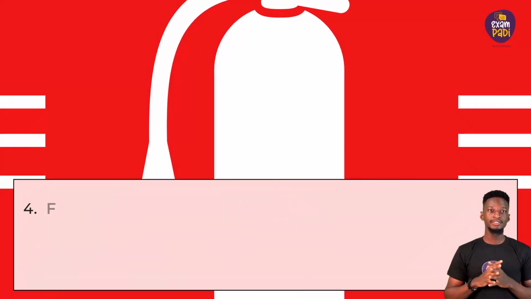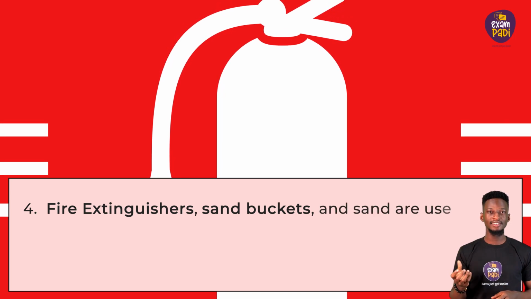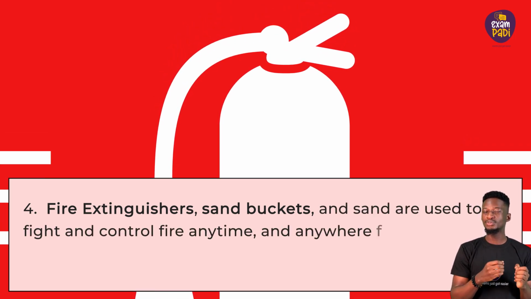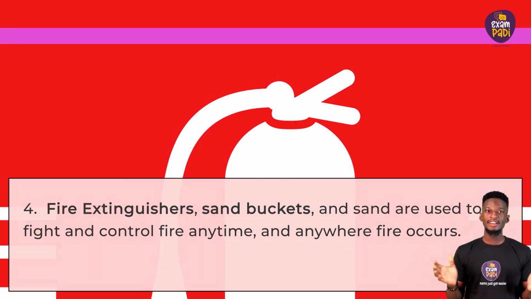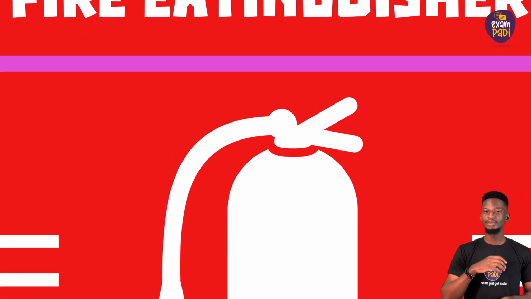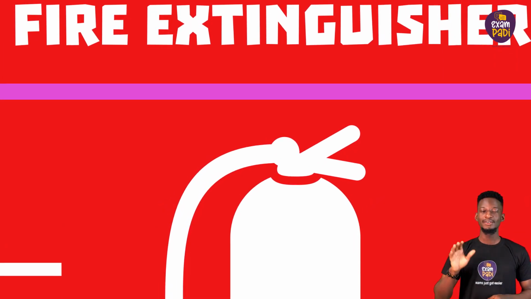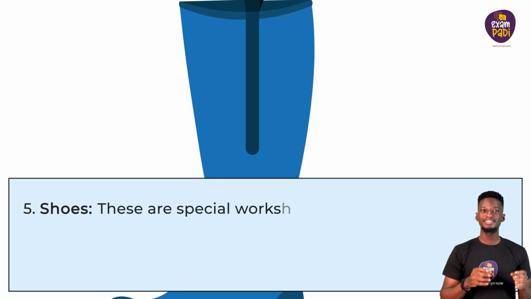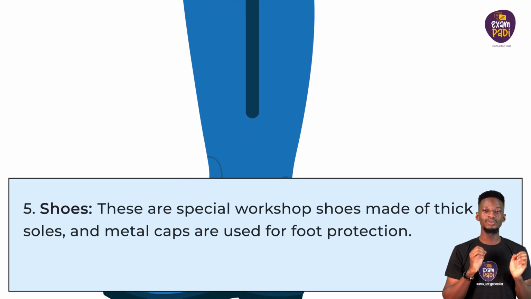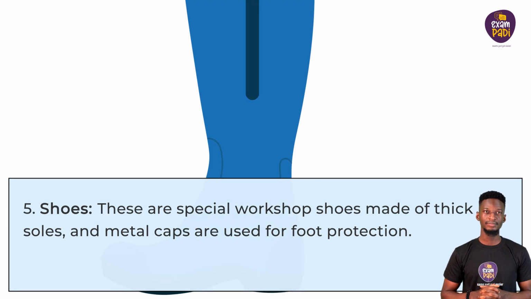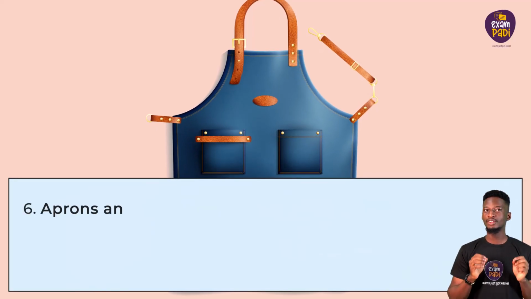4. Fire extinguishers, sand buckets, and sand are used to fight and control fire anytime, anywhere fire occurs. They are kept in designated positions in workshops or buildings. 5. Shoes. These are special workshop shoes made of thick soles and metal caps used for foot protection. 6. Aprons and overalls.